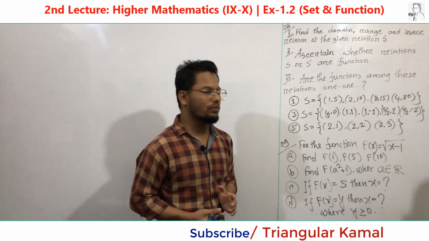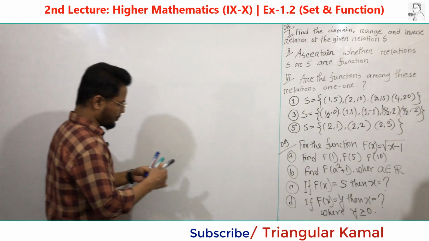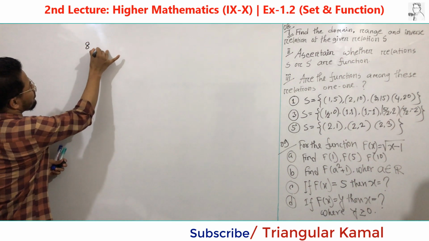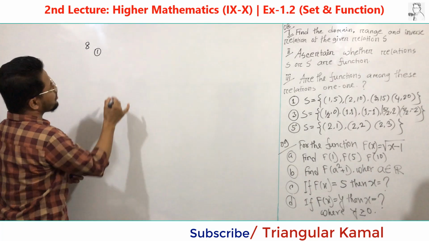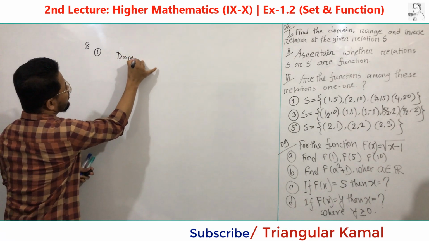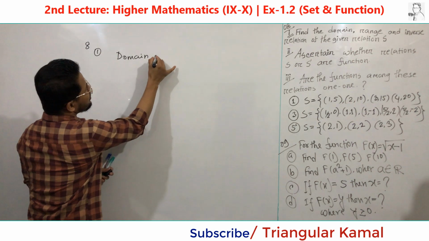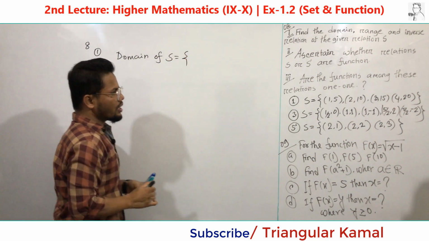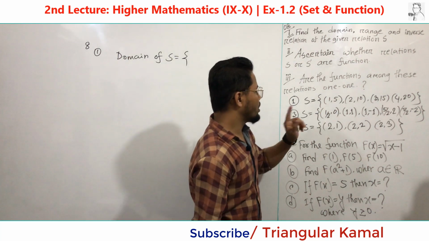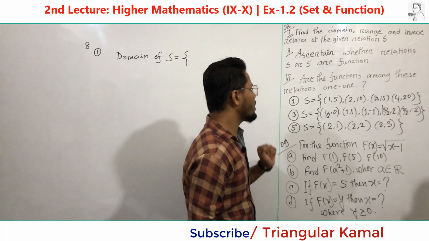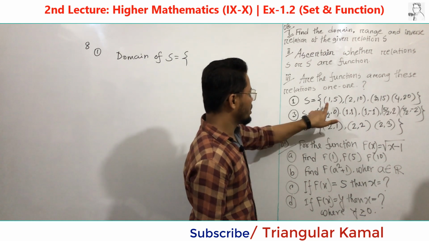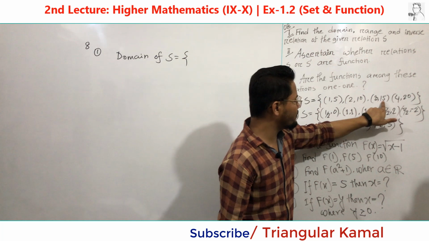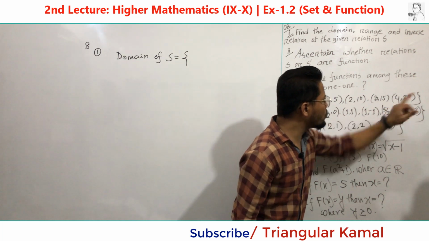So what will be the domain? Give attention to number 1. The domain of S, as we said in the last content, will be the first elements of the ordered pairs. The ordered pairs are (1, 5), (2, 10), (3, 15) and (4, 20).